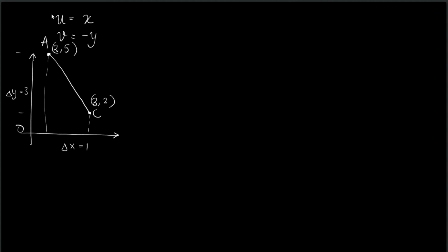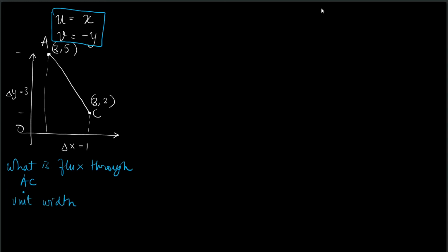So given this particular prescription of a flow field, the question is what is the flux through AC? And let us assume a unit width into the plane. So first things first, we can do the following.